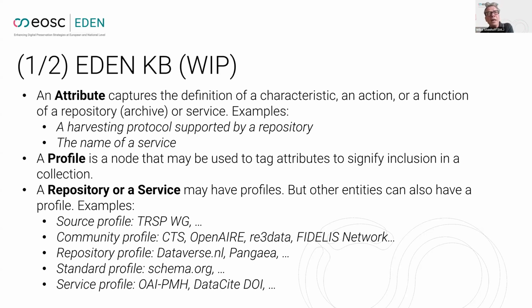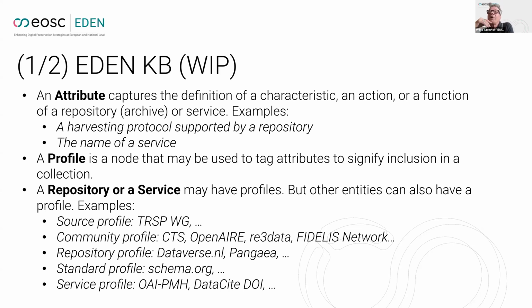In the knowledge base, we have attributes, and an attribute captures the definition of a characteristic, an action, or a function of a repository, archive or service. An example is a harvesting protocol that's supported by a repository, or perhaps licenses that are supported by a repository.